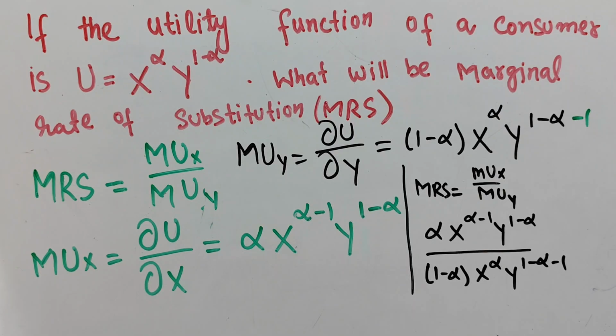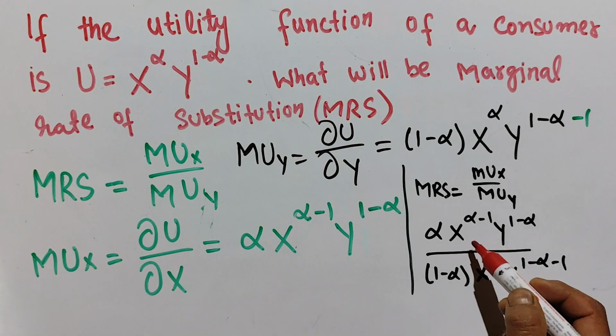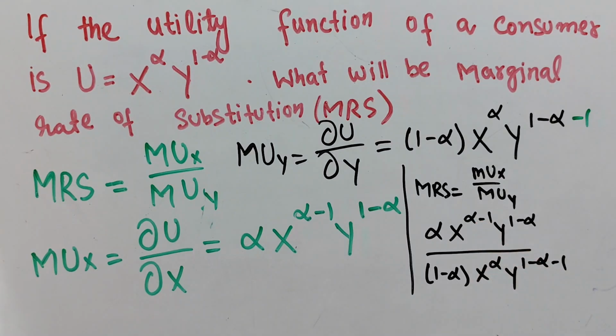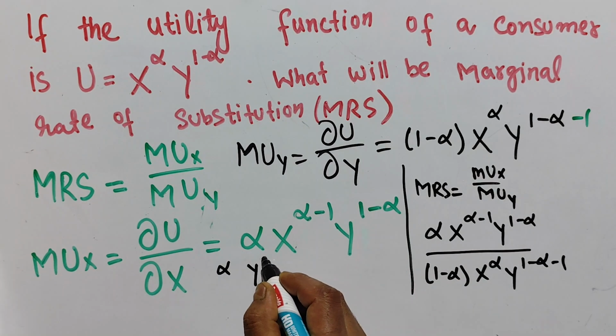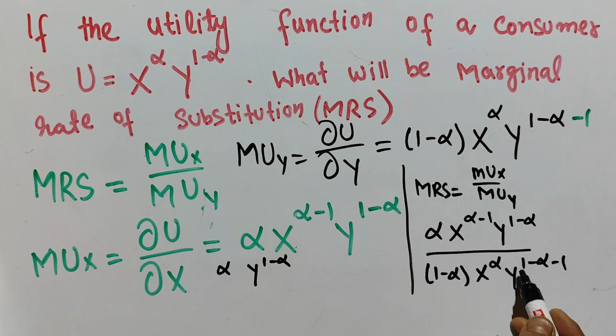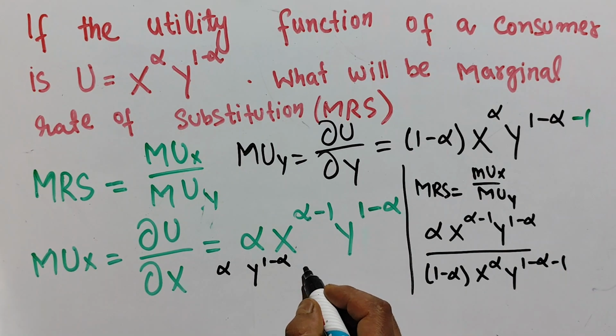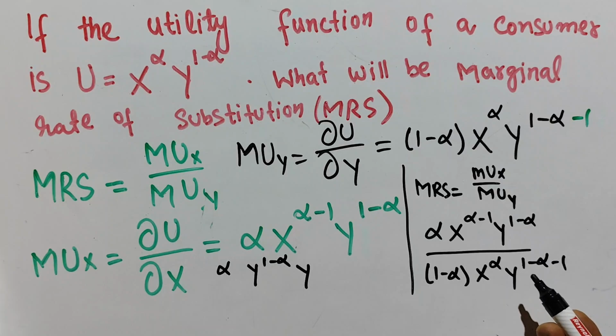If I transpose x raised to the power alpha minus 1 to the denominator, let's first write alpha, then we have y raised to the power 1 minus alpha. Transposing this y to the numerator, it will get multiplied but the sign of its exponent will change.